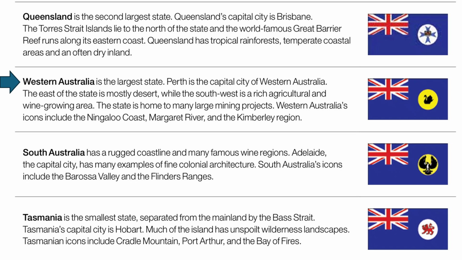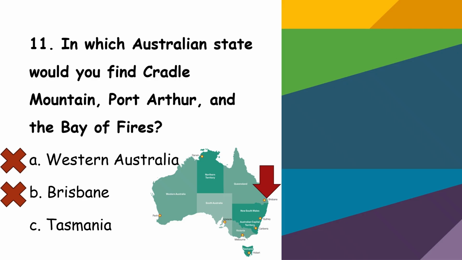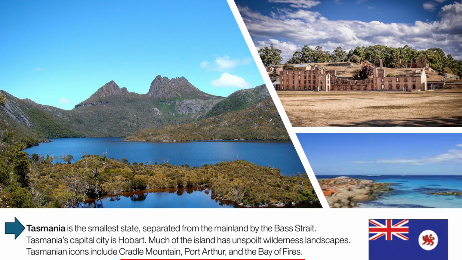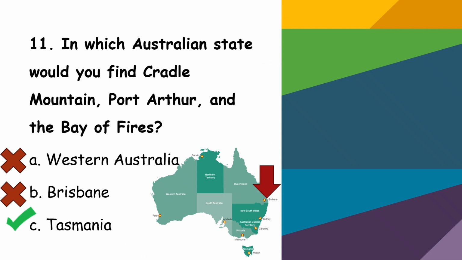So we know that A, Western Australia, isn't the answer. Brisbane is a city, not a state, so we know that B is not the answer. Tasmanian icons include Cradle Mountain, Port Arthur, and the Bay of Fires. So C, Tasmania is the correct answer.